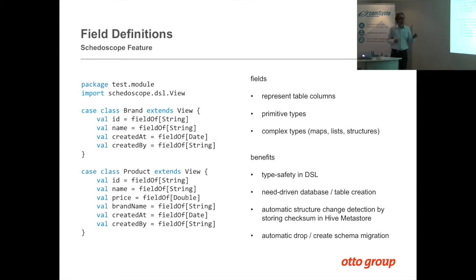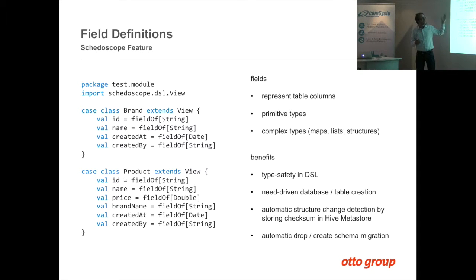Right, so far about the tables. What about the fields? The field definitions are, as I said, basically member variables of this very class. So here we have a table which holds information about a certain brand, or here we have a table which holds information about some kind of product. And you can specify which fields are part of this table by specifying member variables.